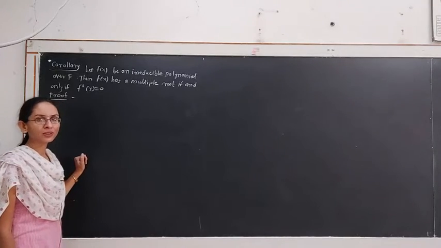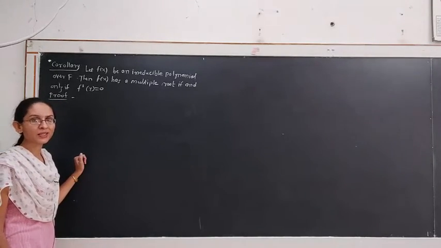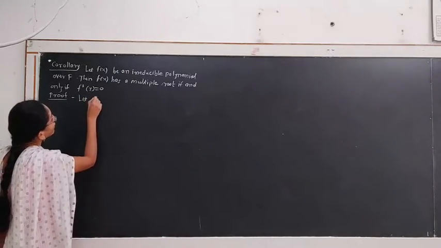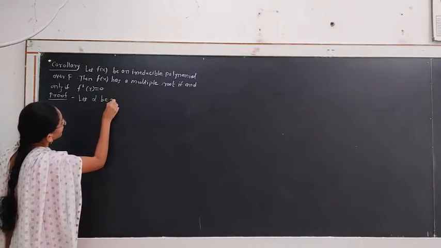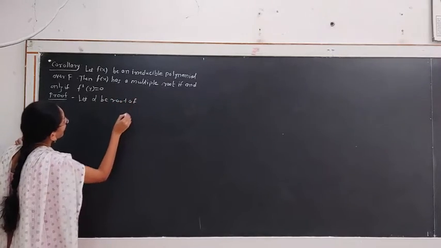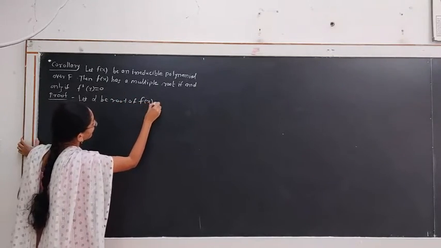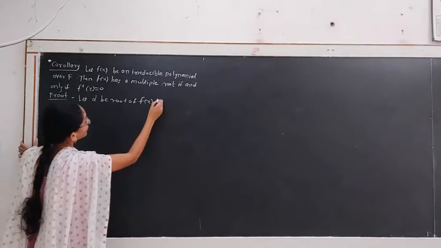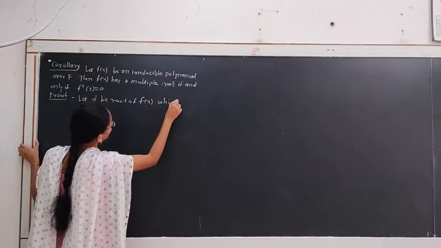Hence it has a root, say alpha, in some extension of F. Let alpha be a root of f(x) which is a multiple root.